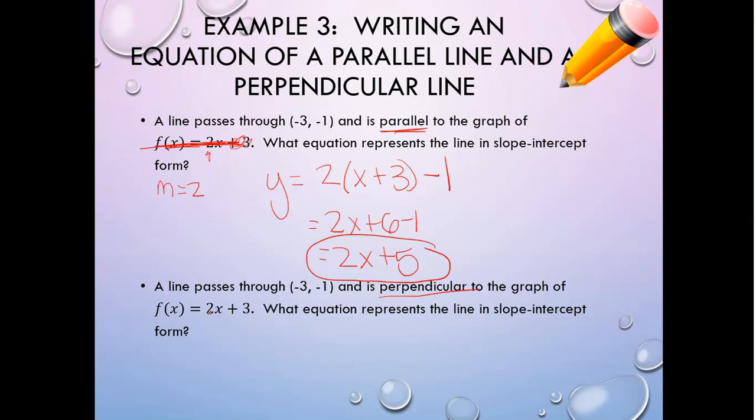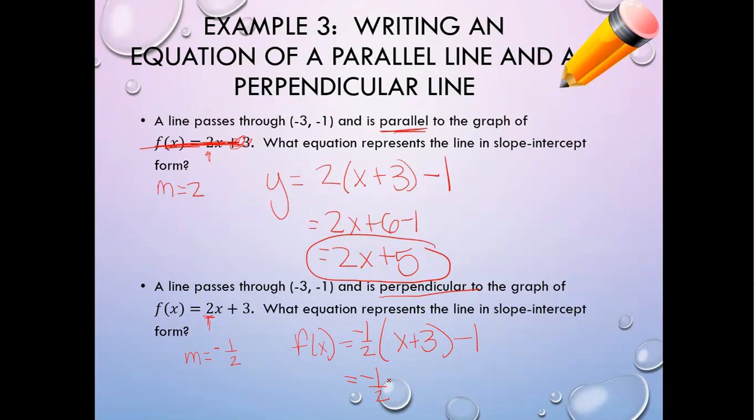So that means I'm going to take my slope here, and I'm going to flip it and negative it. So my new slope is going to be flipped, 1 over 2, because this is technically 2 over 1, right? And then negative it. So my new slope is negative 1/2. Let's go ahead and do the equation now. So f of x equals negative 1/2 times x plus 3 minus 1.